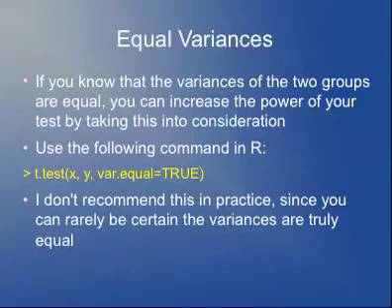In practice, my suggestion is to simply never do this, because you can virtually never be certain that the variances are actually equal. If they're not equal and you do this, you can mess yourself up really badly, and even if they are equal, the increase in power is very tiny. So to me, it's just not even worth opening that can of worms. I never use that particular parameter.